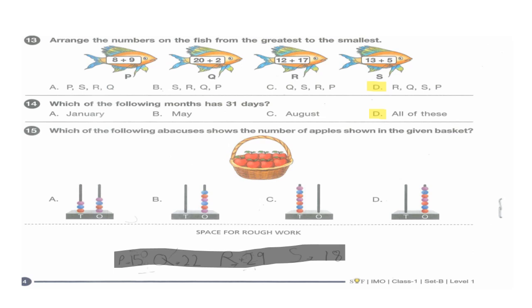Question number 15. Which of the following abacuses show the number of apples shown in the given basket? And in the options, the abacus is given. So first we have to count the number of apples in the basket, and also we have to know what number each option denotes from the given abacus.